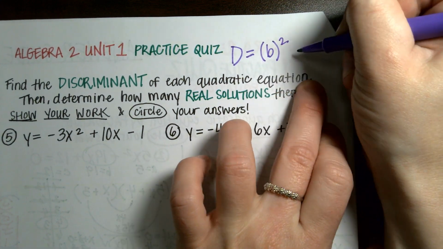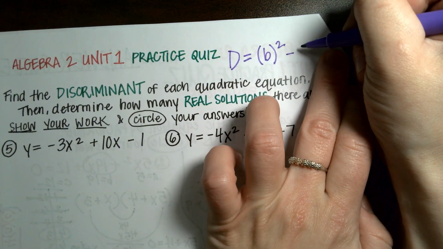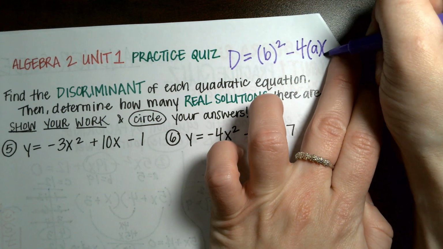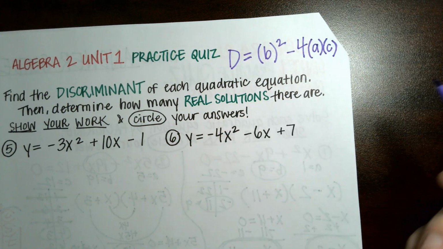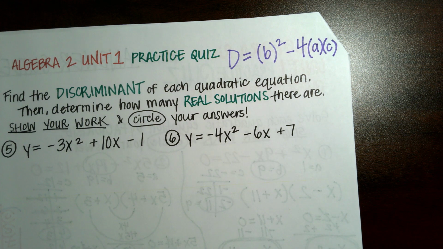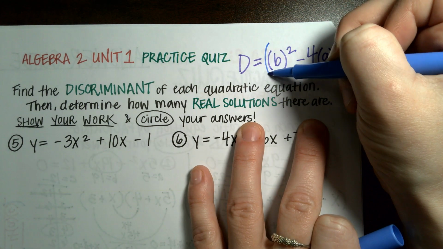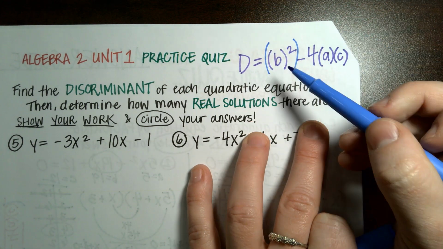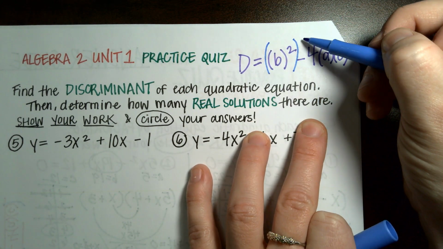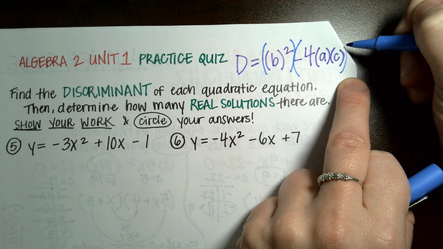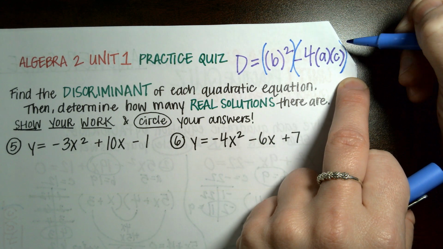B squared plus negative 4 times A times C. Good. A and C. B squared minus 4 times A times C. And same thing we did with the grouping symbol. You can think of it as finding out B squared and then finding out negative 4 times A times C. That helps.